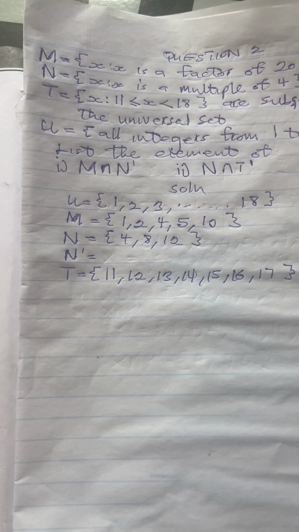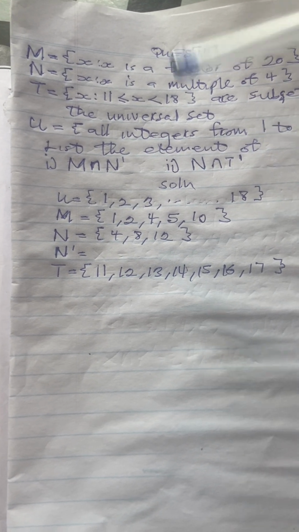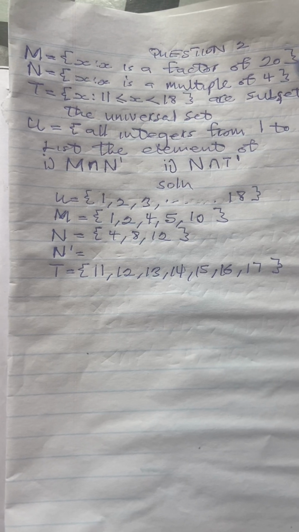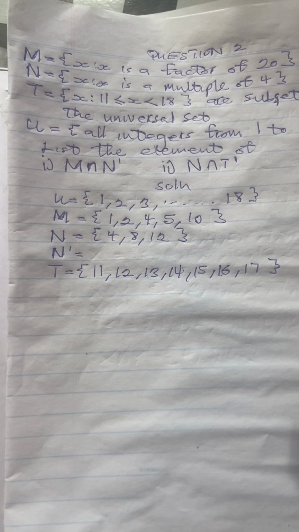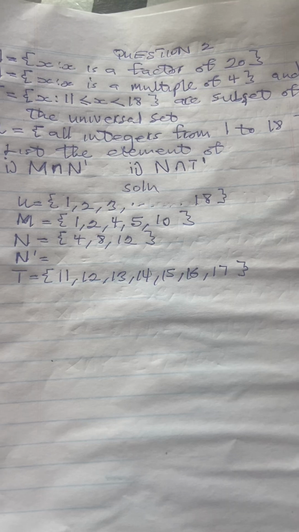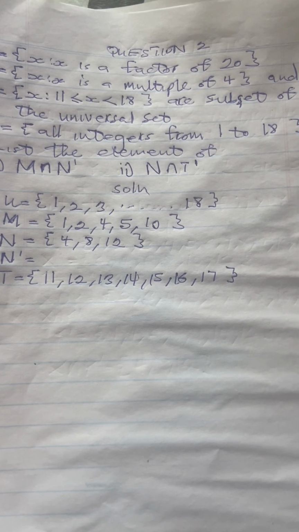So you can say you don't have 1 in the n set, you don't have 2, you don't have 3, you don't have 5, you don't have 6, you don't have 7, you don't have 9, you don't have 10, you don't have 11 for the n set. So they are the what? N complement. So you write them as such as well.